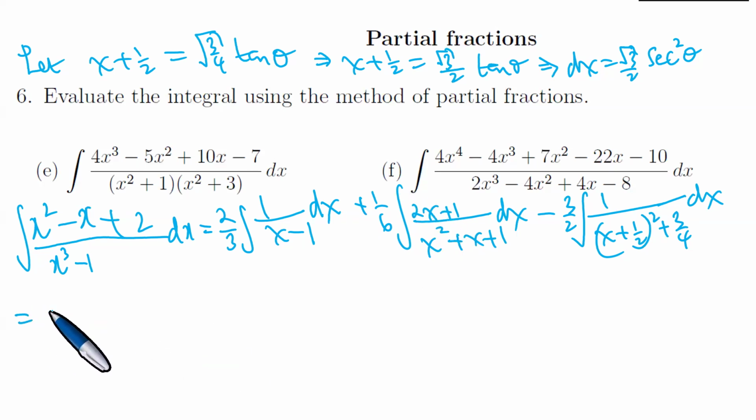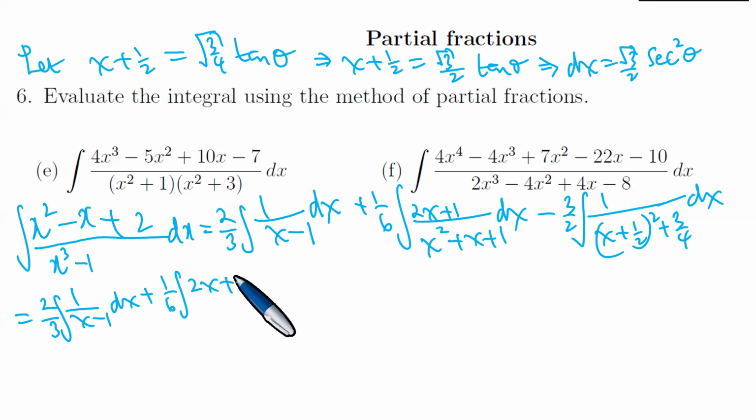So that at this point, you have 2/3 of the integral of 1 over x minus 1 dx, 1/6 of the integral of 2x plus 1 over x squared plus x plus 1 dx, minus 3 out of 2.